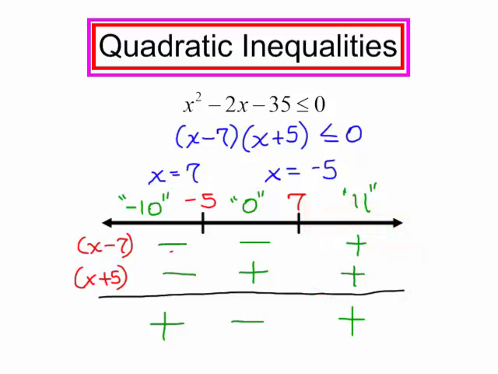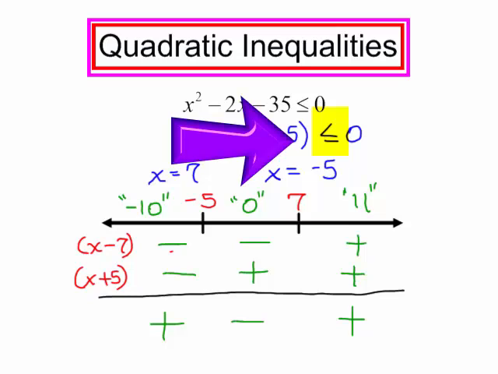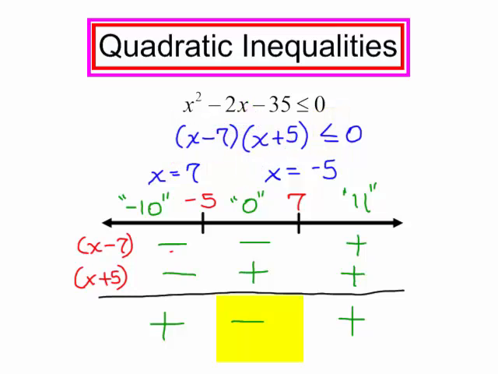Now go back to your problem. Which answers did you want? I wanted mine to be less than or equal to. And if it's going to be less than or equal to, that means it's going to be a negative number. So I want this section, this interval, from negative 5 up to 7.